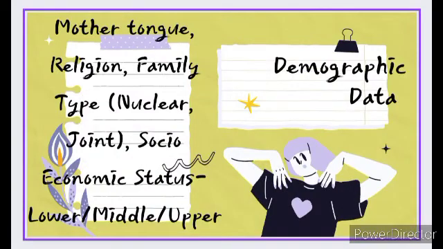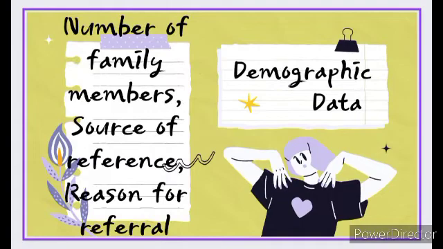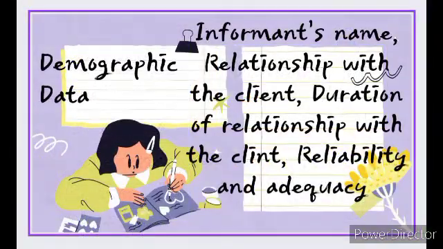It also includes mother tongue, religion, family type like nuclear or joint, socioeconomic status like lower, middle or upper, number of family members, source of reference, reason for referral. Also it includes the informant's name, relationship with the client, duration of relationship with the client, reliability and adequacy.